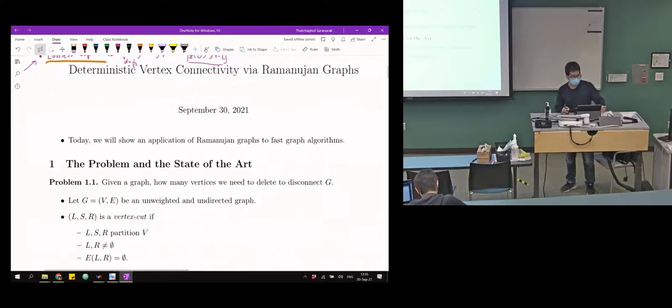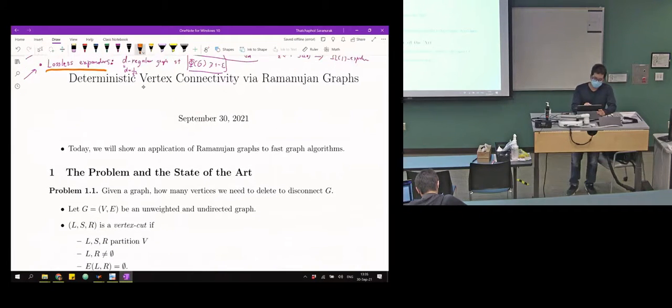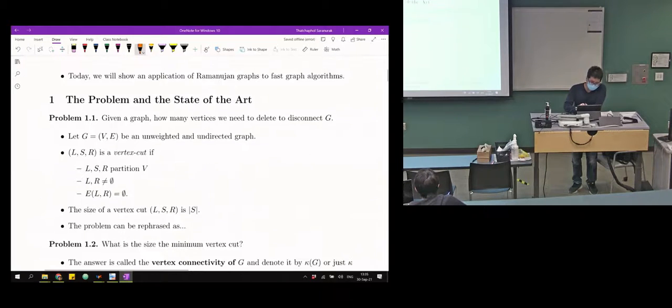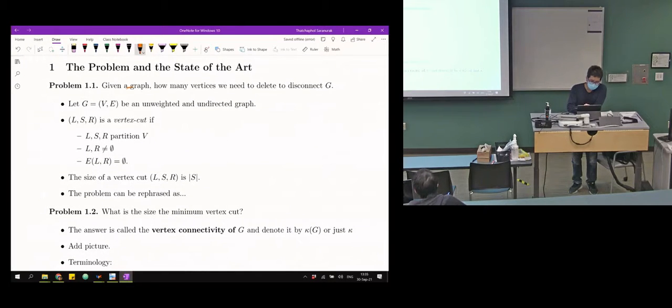The application is about a problem called vertex connectivity, a very classical problem. You are given a graph, and you ask how many vertices you need to delete from the graph so that the graph is disconnected.